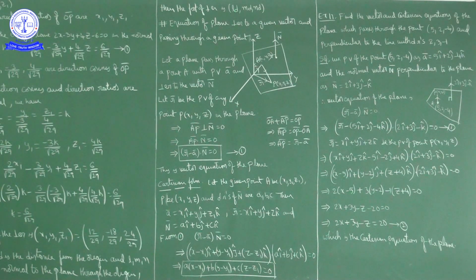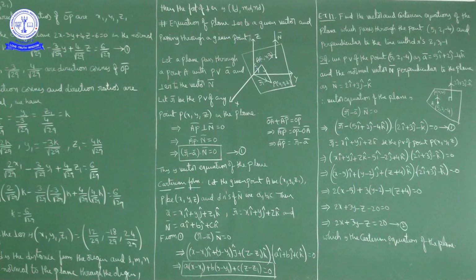Now the corresponding Cartesian equation. Here the known point A we will consider as x1, y1, z1. So OA bar, A bar, we can write as x1 i cap plus y1 j cap plus z1 k cap. Some arbitrary point we consider P, so the arbitrary point means x, y, z.